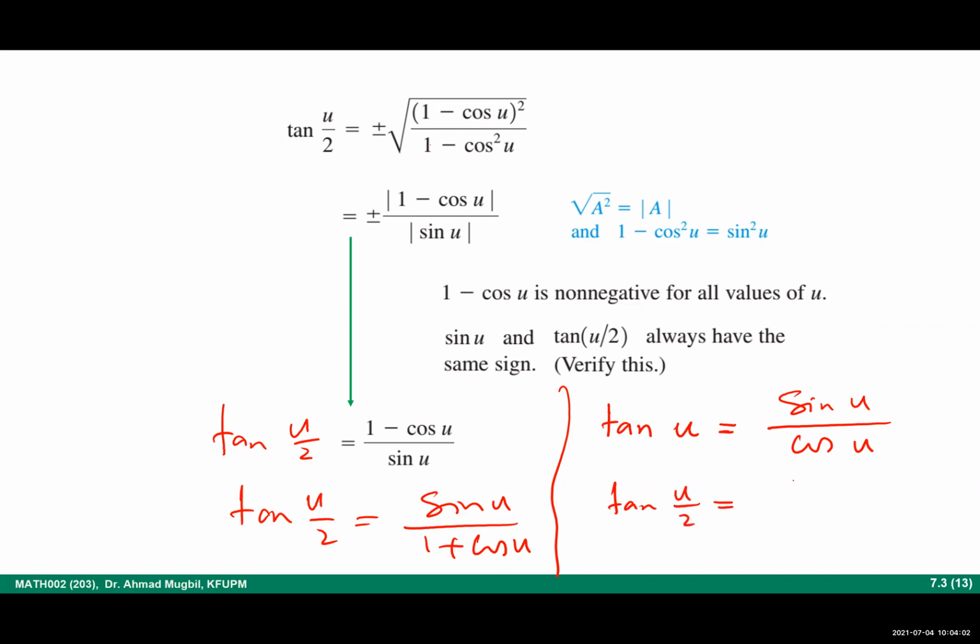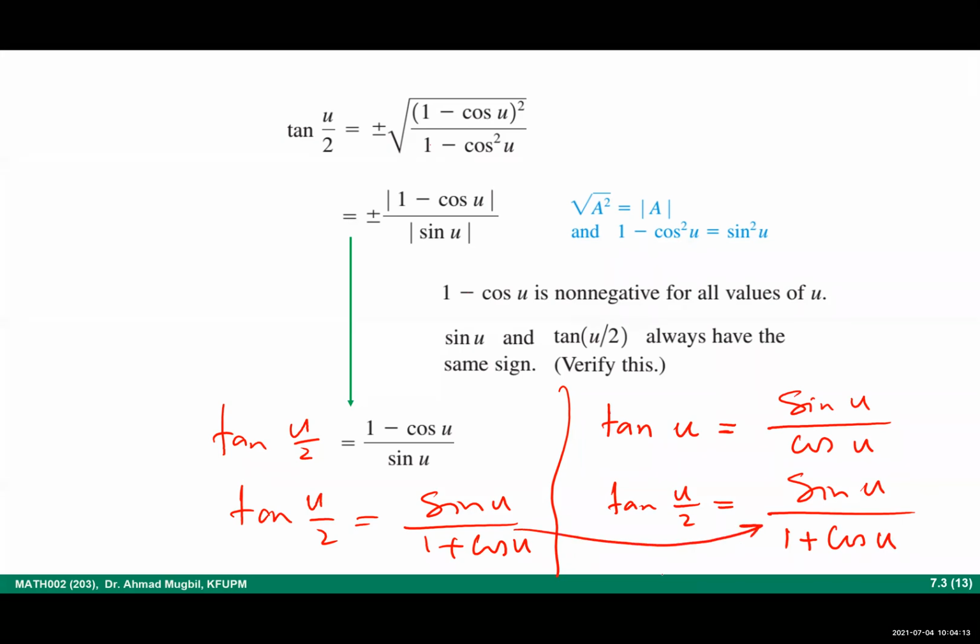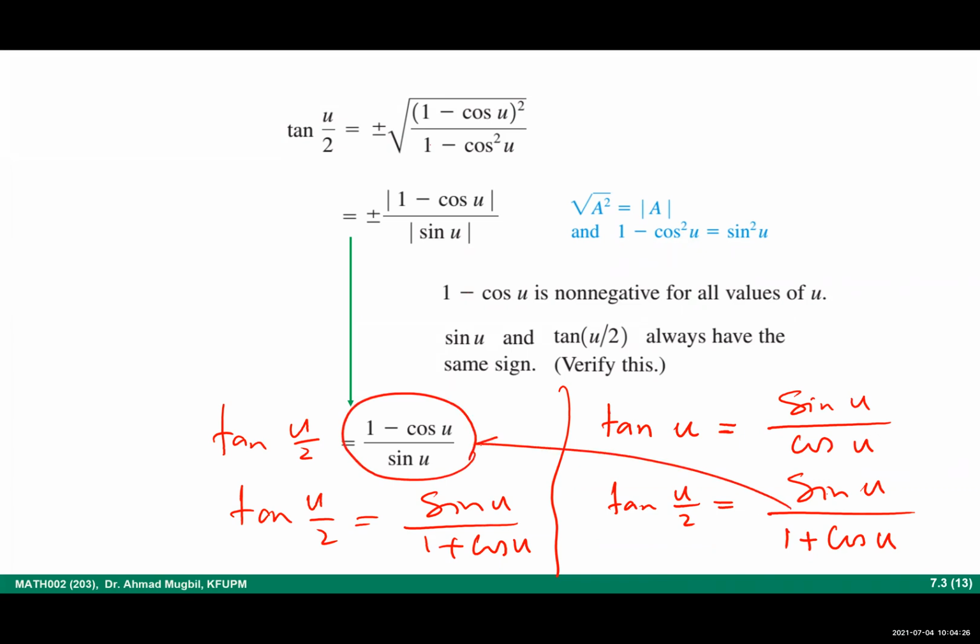It will also be sine u over cosine u, but plus 1. So this is what I usually use: I remember that it is sine over cosine, but in the case of the half angle, it will be sine over 1 plus cosine. If you want sine to be in the denominator, use this. So how to obtain this from this? Just move this to the denominator by multiplying by the conjugate. It will be 1 minus cosine over sine.